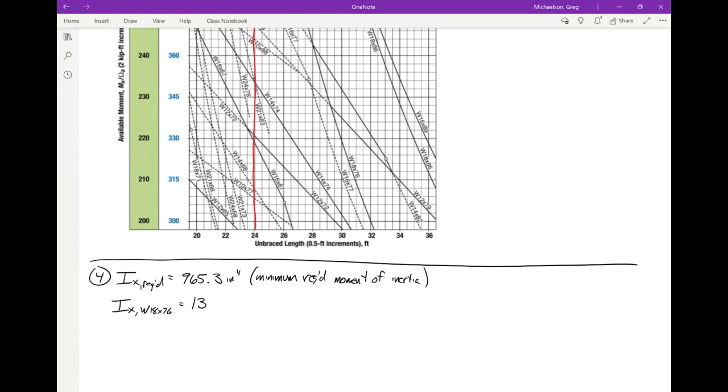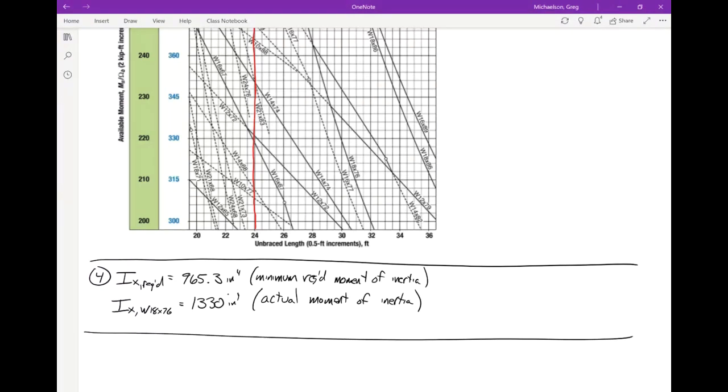13.30, not 130. So what that means is that our selected shape is not going to have a problem with serviceability. Okay, so this is the actual moment of inertia. So what this means is that we can go full steam ahead into step 5, which is to verify the capacity.